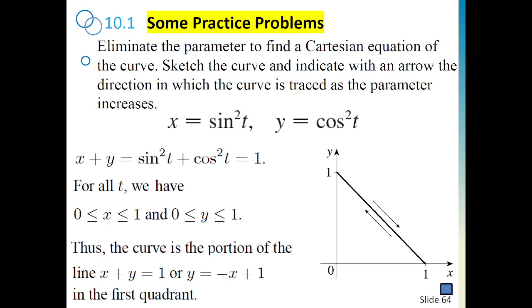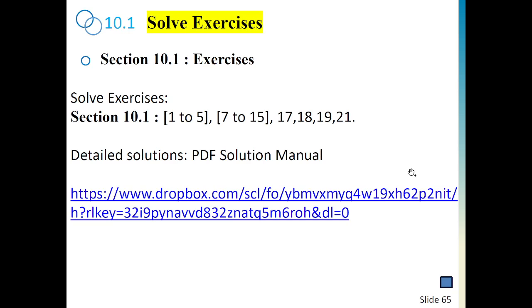So our plane curve is just this part here. So eliminating the parameter, yes, it helps us give a general expression, but we need to go back to the definition of x and y to figure out the limitations, the restrictions.